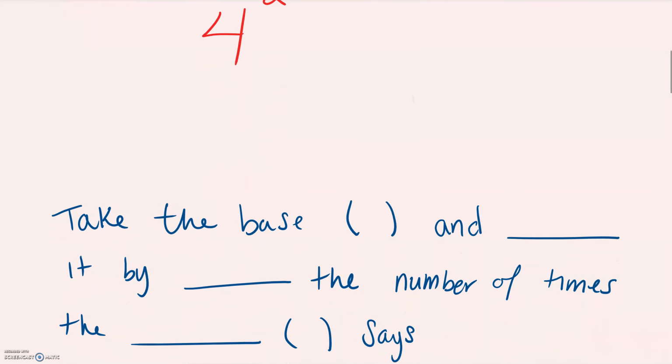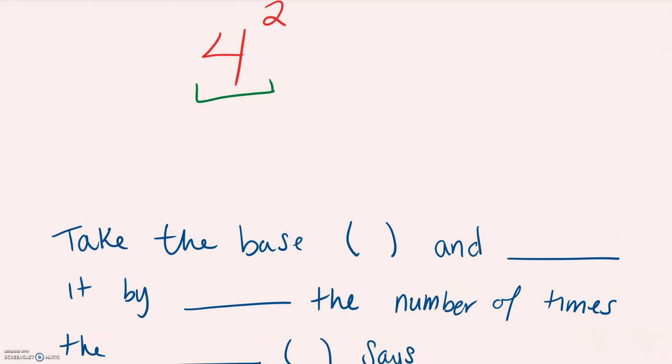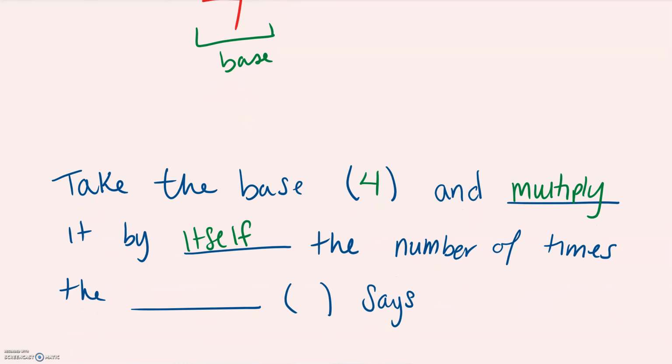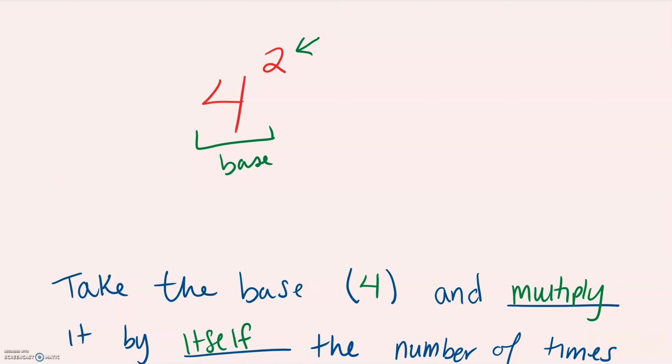Remember that we're going to take the base, which is this 4, and we are going to multiply it by itself the number of times that the exponent says. And in this case, the exponent is the 2.